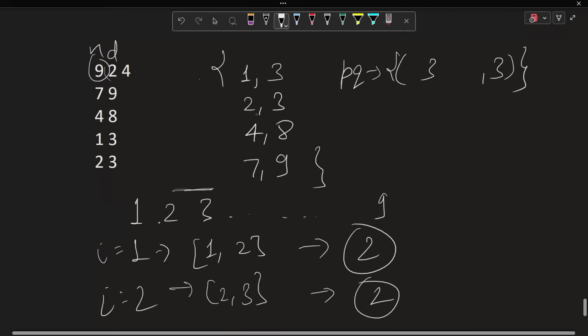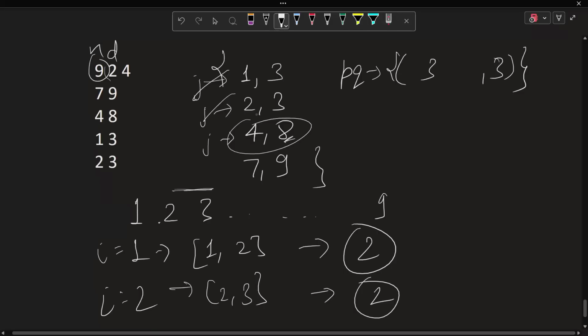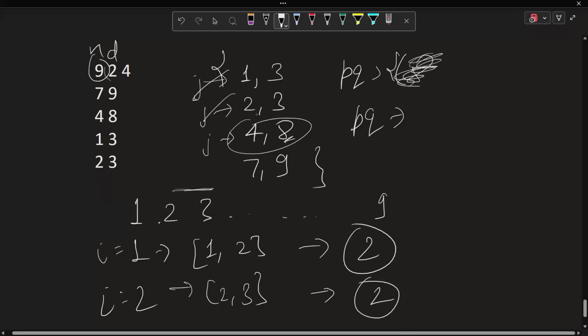My J pointer was initially at this. After the first push, it went here. Now it was here, and this would be pushed in my priority queue, the ending point of this. My priority queue had 3, 3.